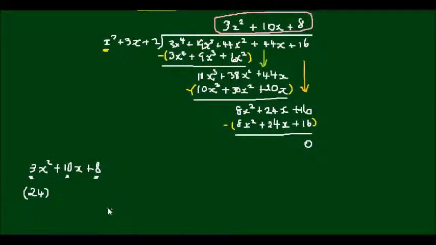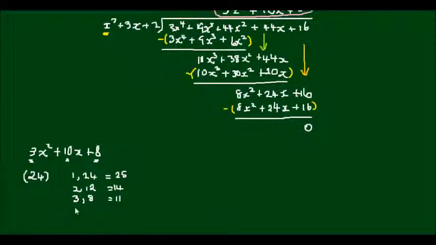So the factors of 24 are 1 and 24, and they add up to 25, so that's no good. 2 and 12, which add to 14, so that's no good. 3 and 8, which adds to 11, so that is no good. 4 and 6, which adds to 10, so that's what we're looking for.